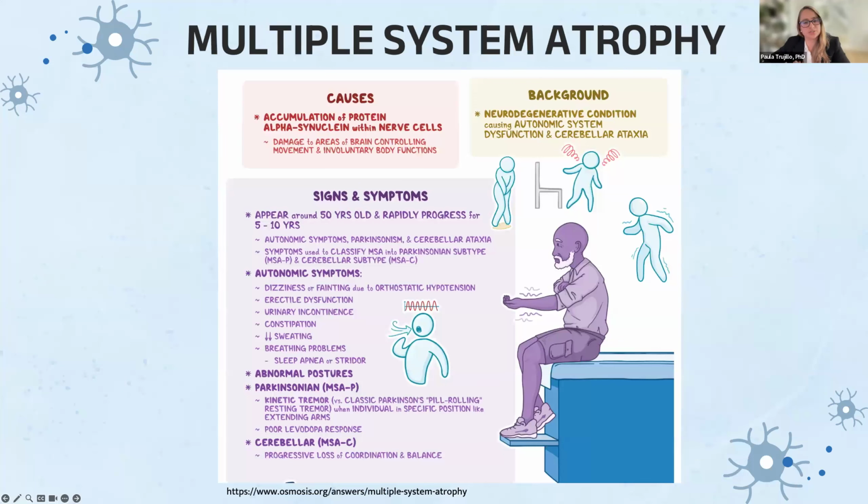And MSA shares many symptoms with Parkinson's disease, such as slow movement, rigid muscles, and poor balance. The treatment for MSA is aimed at helping individuals cope with some of these symptoms of the disease, but unfortunately, there is no cure for MSA.